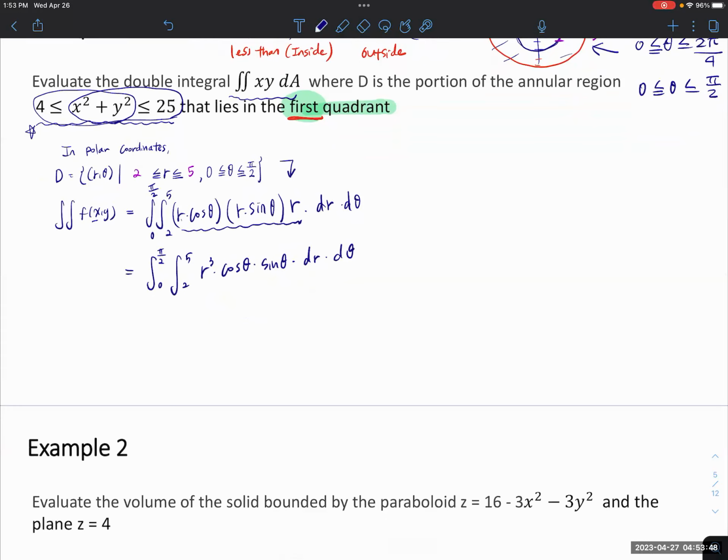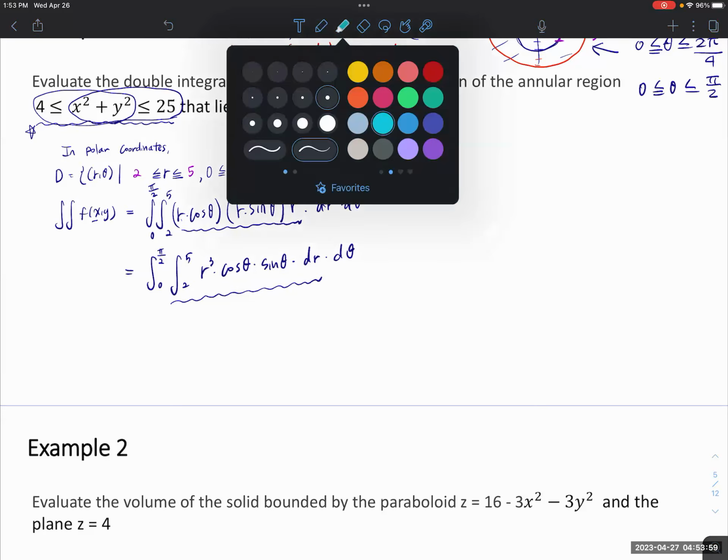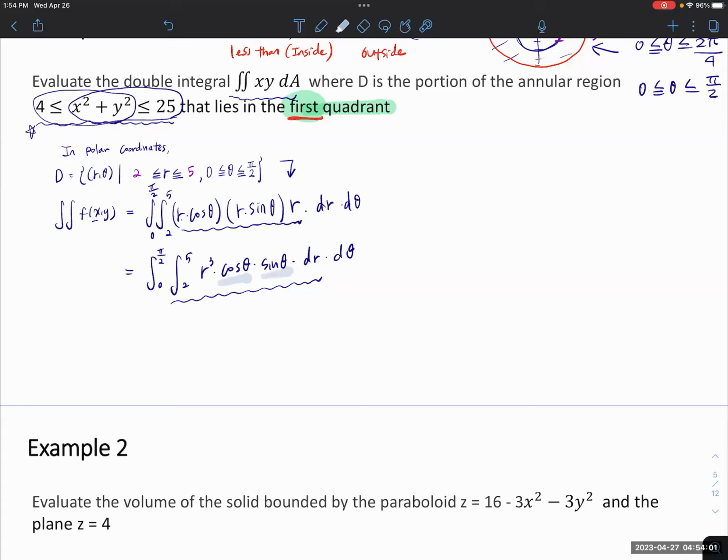Okay, that's great. And then you're taking the integral of this part first. We are taking the integral with respect to r. So what did I say, guys? This cosine theta, sine theta, now they are considered a constant. It doesn't matter, you can consider it as a number. We are focusing on the r. So cosine theta, sine theta, keep it because that's a constant.